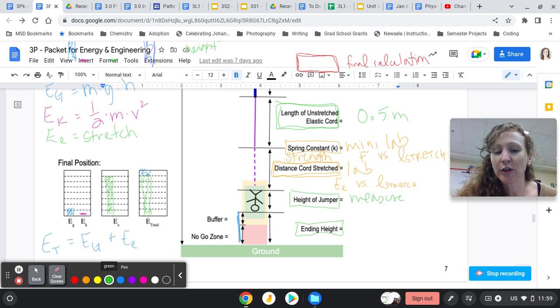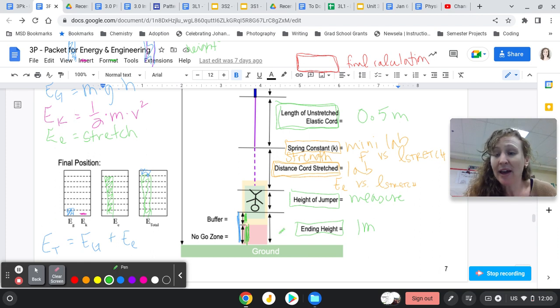So we have a buffer region, and then we also have a no, this is dangerous region. And we're just going to say for now that that's going to be 1 meter, just so we have an input. And then as we go, we'll decide whether we're going to throw the Barbies and water bottles off of the balcony or a staircase. We can figure out what that height should be.